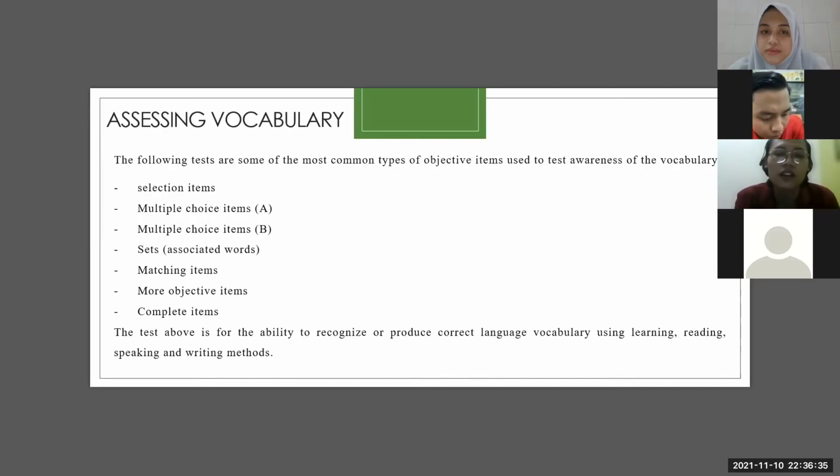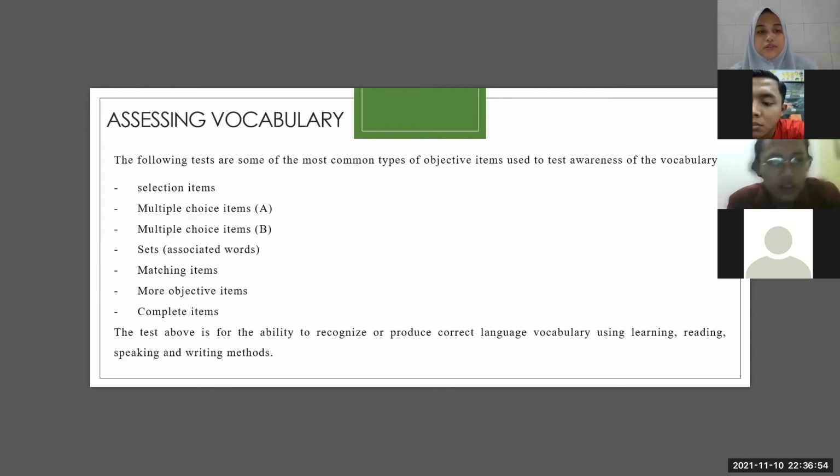Next, assessing vocabulary. The following tests are some of the most common types of objective items used to test awareness of vocabulary.